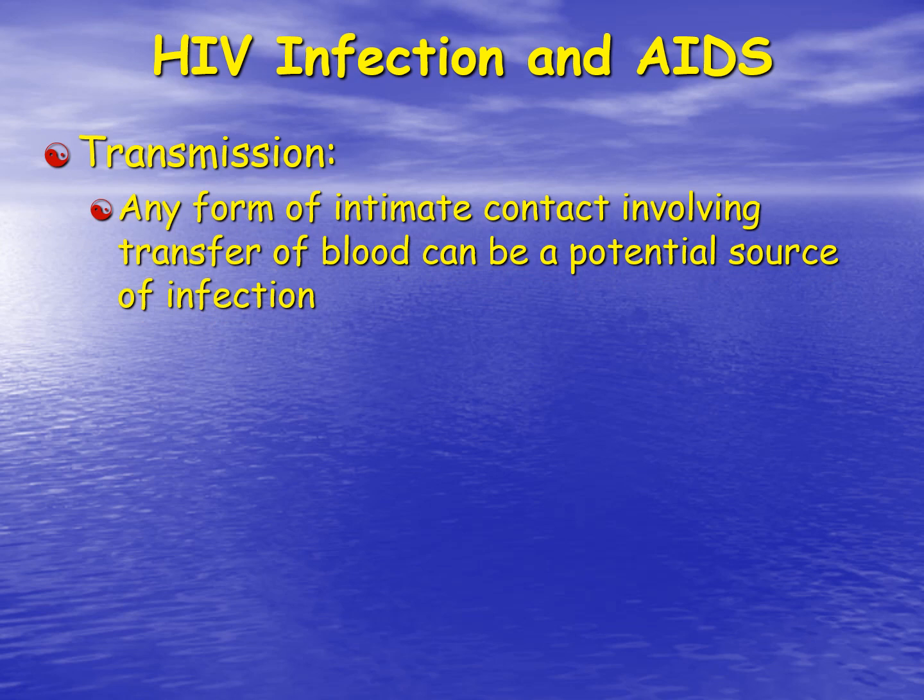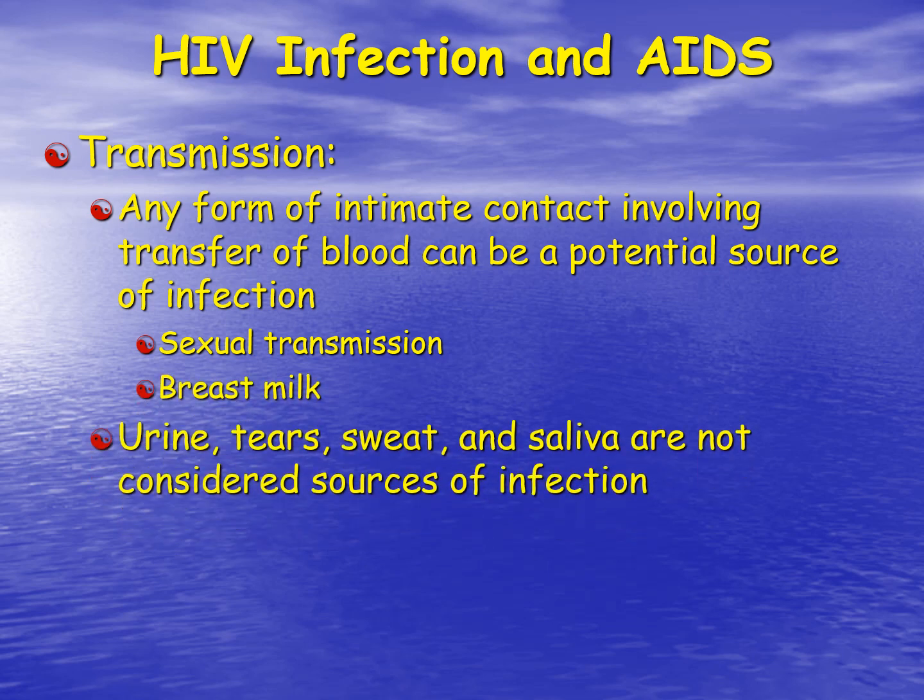Transmission of HIV: any form of intimate contact involving transfer of blood or other body fluids could be a potential source of infection. So, sexual transmission, breast milk, but urine, tears, sweat, and saliva are not considered sources of infection, even though HIV has been found in these body secretions.